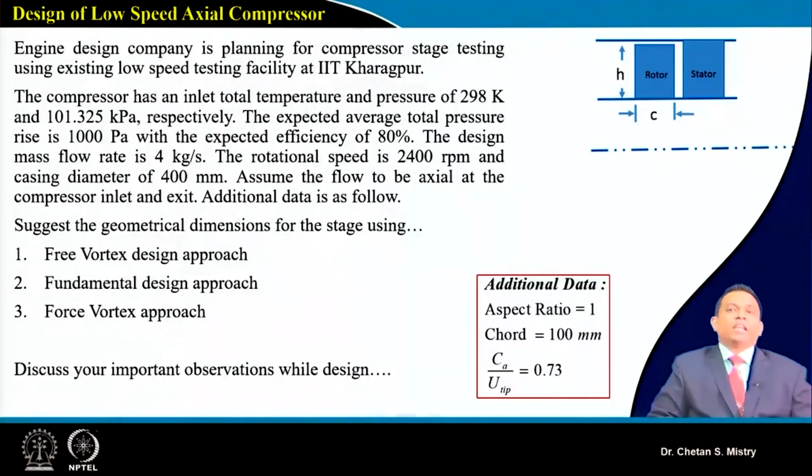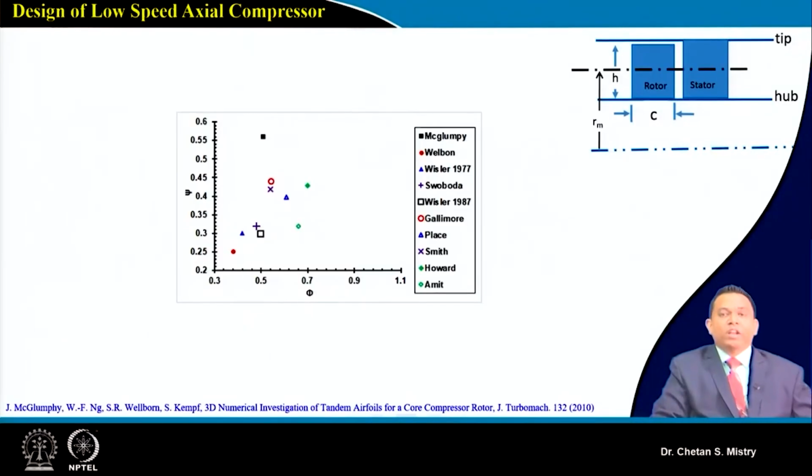So we will be taking this data for our design of the low speed axial flow compressor. Now let's look at the meaning of that. This is representing the phi versus psi plot, which has been taken from Maglempi's paper. It shows different high pressure rise or high total pressure kind of configurations that are available for different phi and psi.